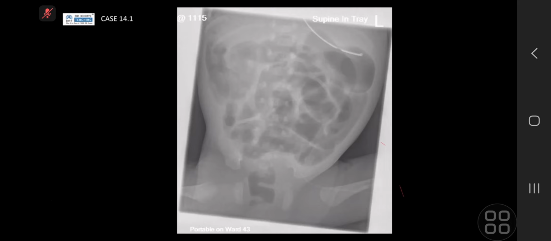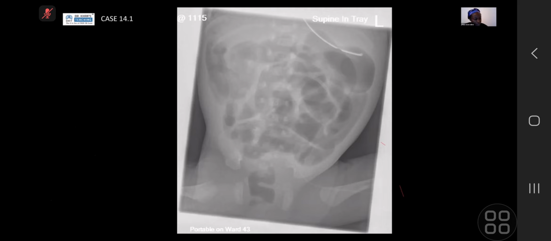I don't see any pneumoperitoneum. I don't see any intramural gas. So I am worried about small bowel obstruction, necrotizing enterocolitis for the patient.